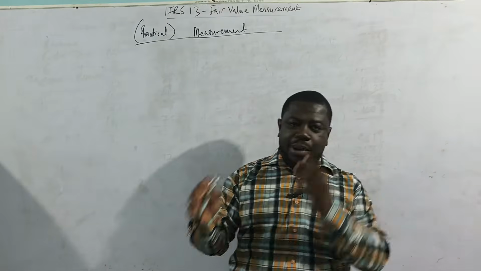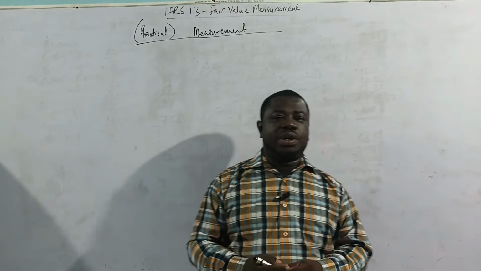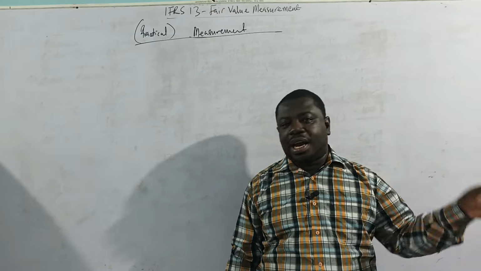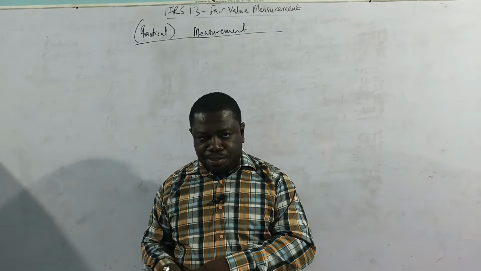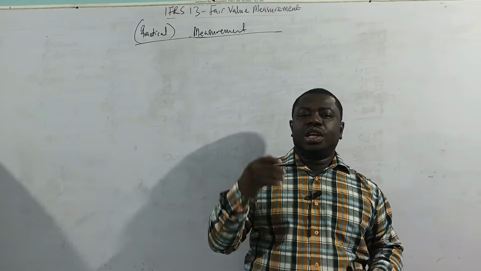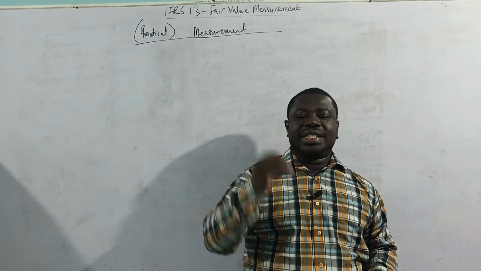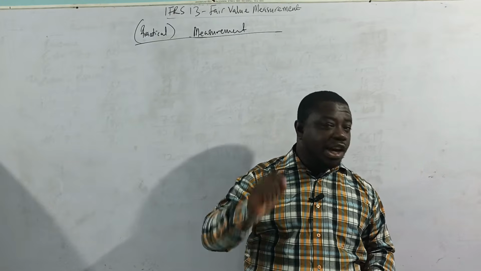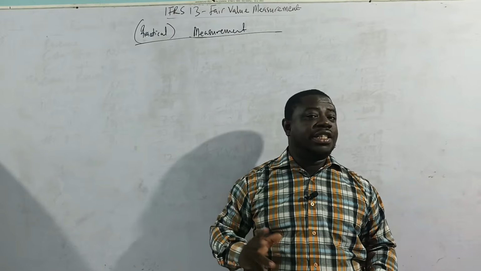Now we have observable input and we have unobservable input. When we say observable inputs, we can look at the pricing and the value of similar assets and all that. I'm coming there. And then we have unobservable inputs. Now, to make it easier, IFRS 13 has established a hierarchical order, or you call it a scale of preference, for determining the fair value of an asset or liability.